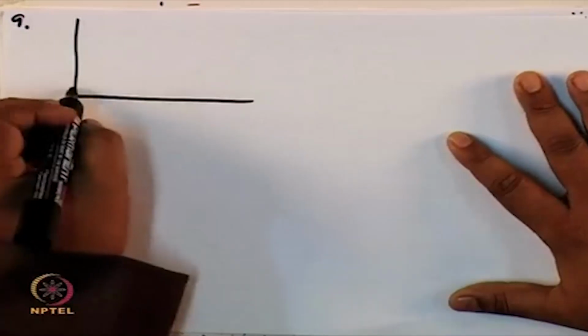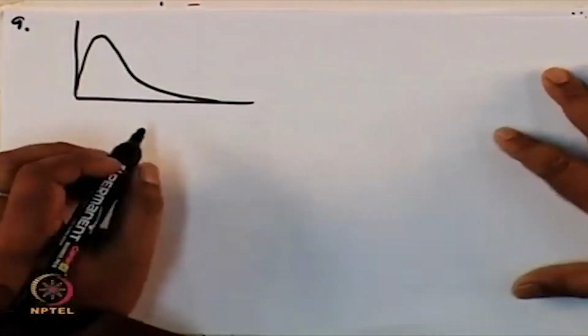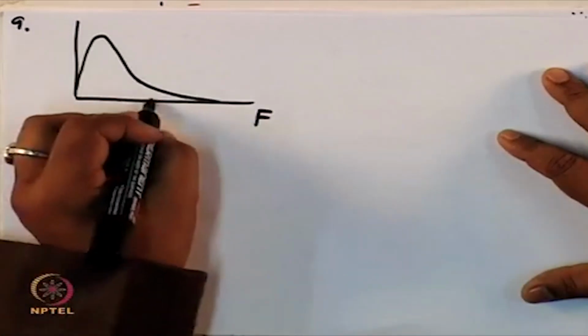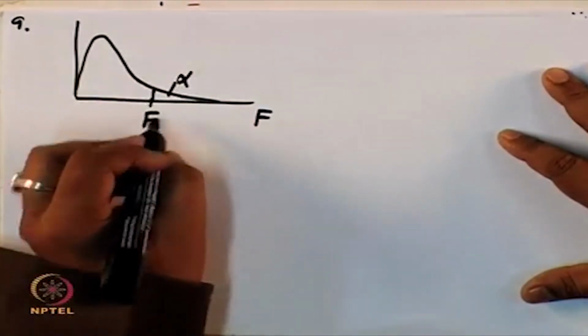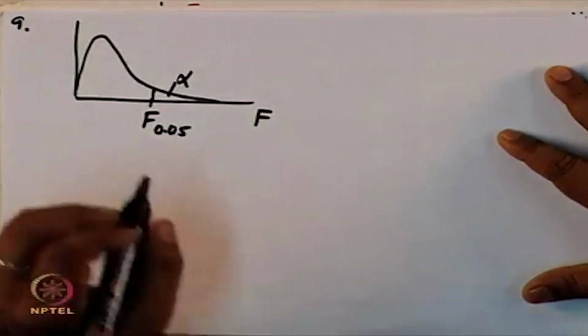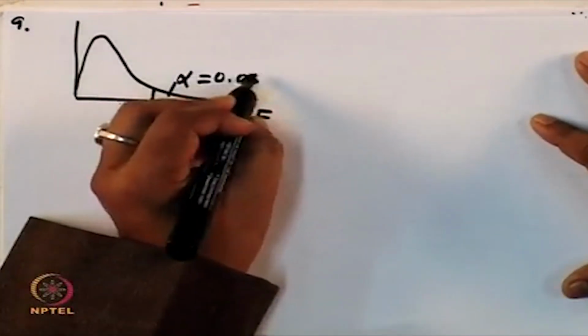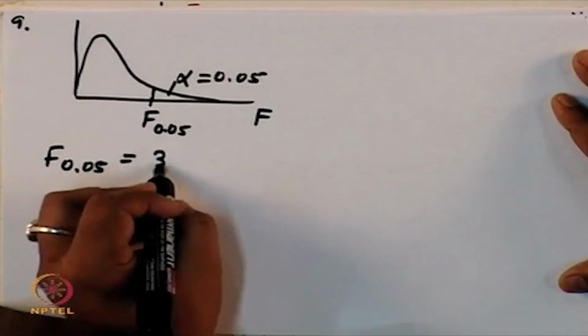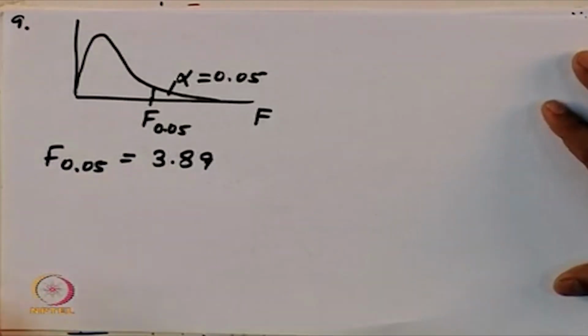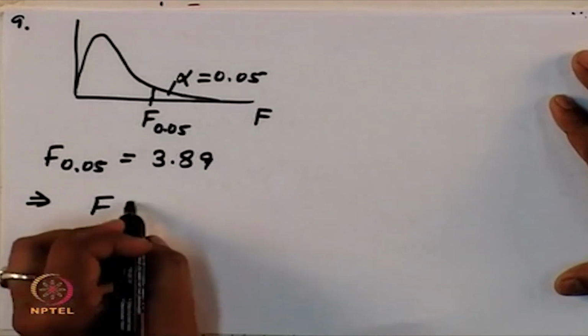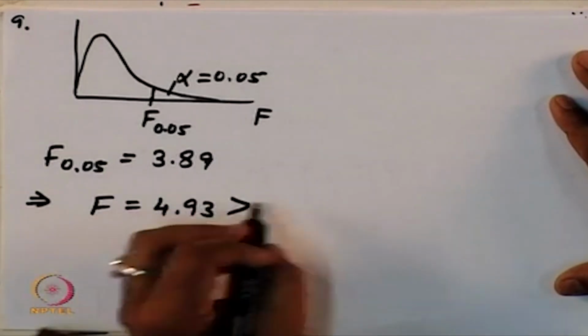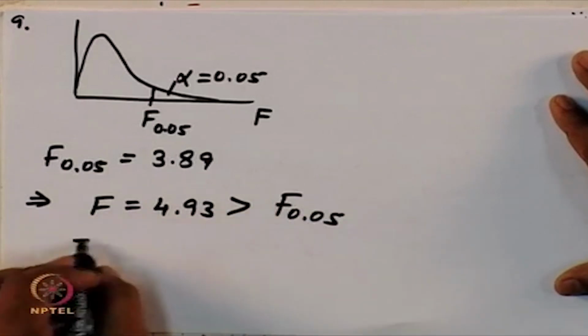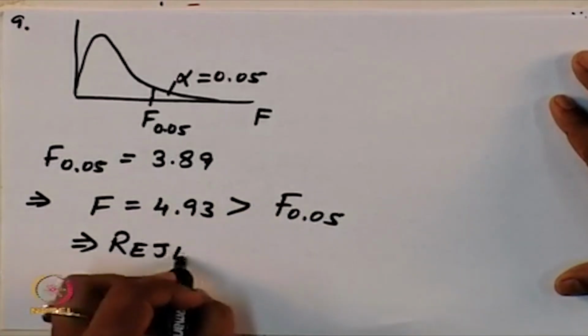So, from the F curve, you can ask, what is F 0.05? Then in that case alpha is equal to 0.05, and if you look up the tables, F of 0.05 comes out to be 3.89. So, since our F value of 4.93 is much greater than F of 0.05, I can reject H naught.